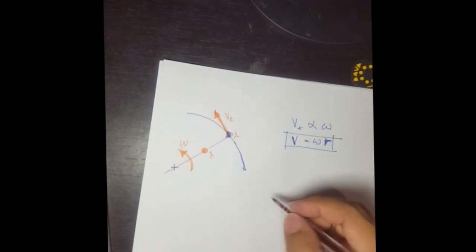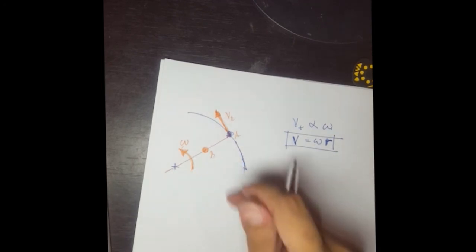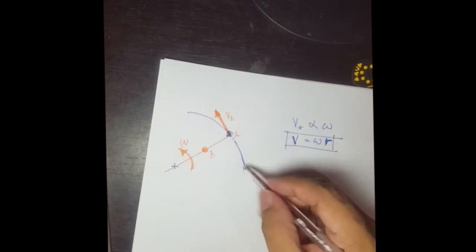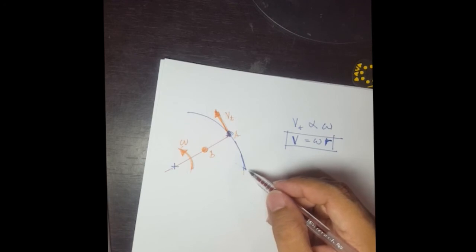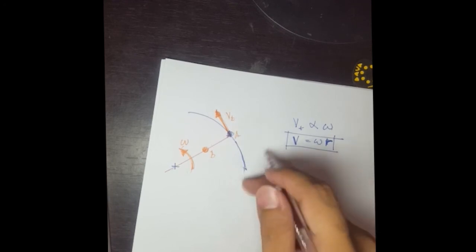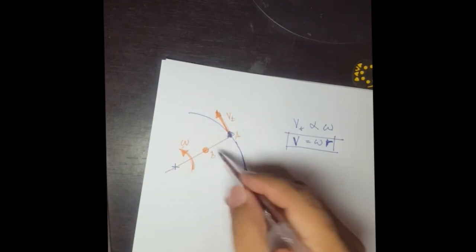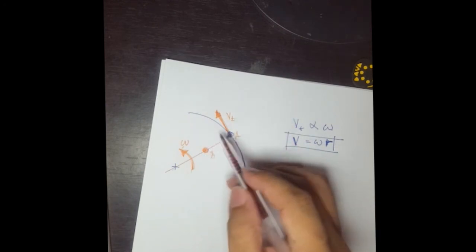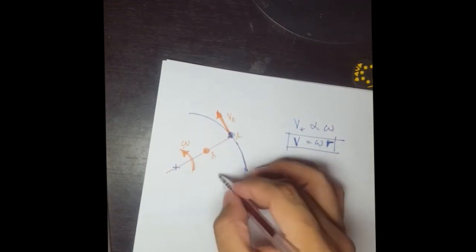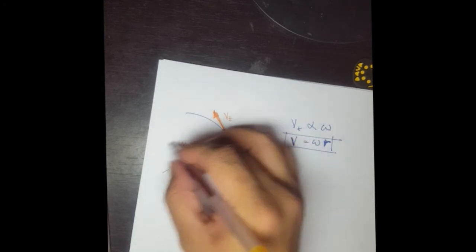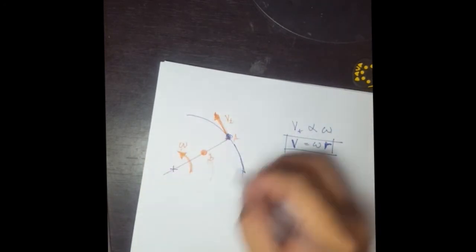Alright, so take note. Let's say they obtain one revolution in 1 minute, for example. Meaning that both of them will reach this point back in 1 minute.